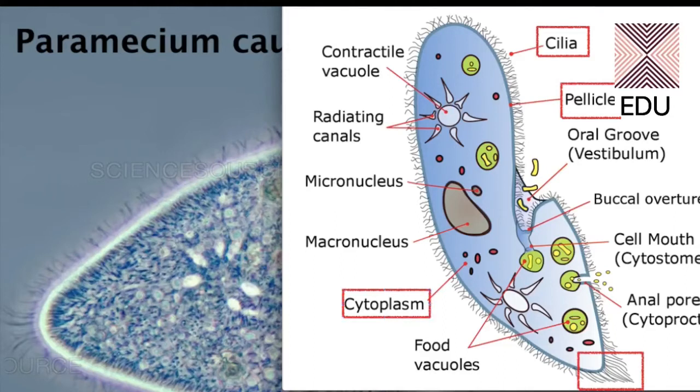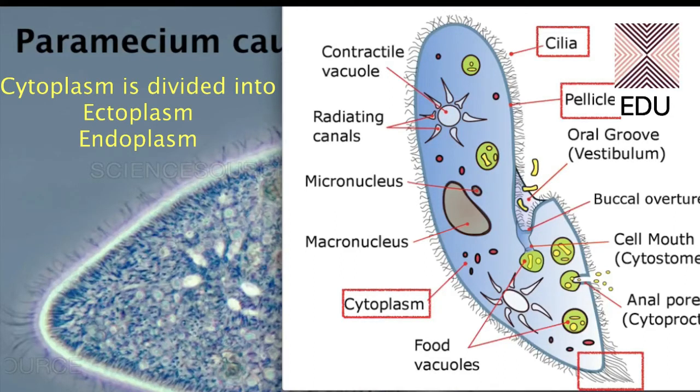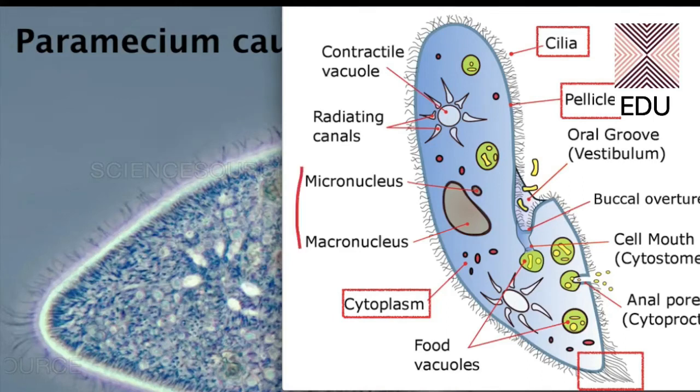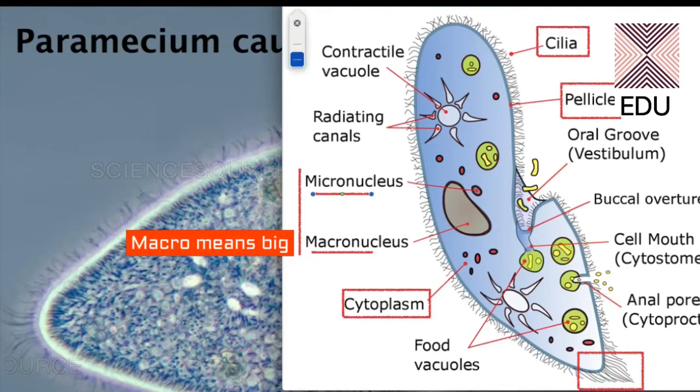The cytoplasm is divided into ectoplasm and endoplasm. There are two kinds of nuclei. One is the macronucleus and the second is the micronucleus. The macronucleus is bigger in size as compared to the micronucleus.